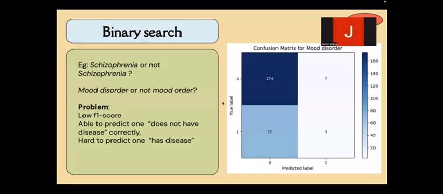And then we did that with all other classes, and then we combine all those results together, and then we do the second layer for the stratified classes. But the problem for that is we have a low F1 score, and we are able to predict does not have disease correctly, but it is very hard to predict those cases that have the disease.